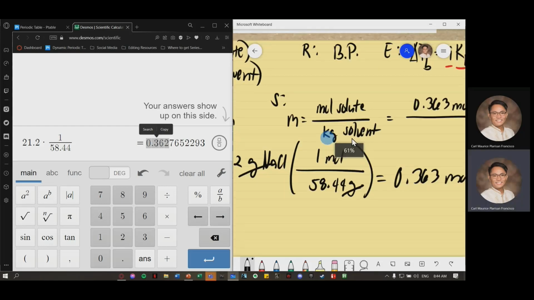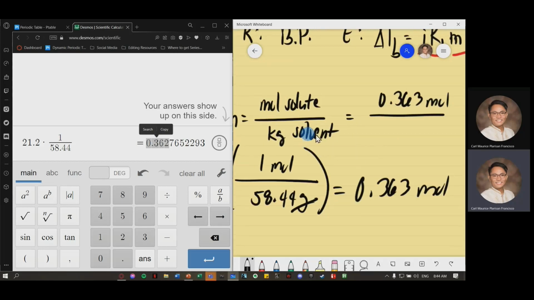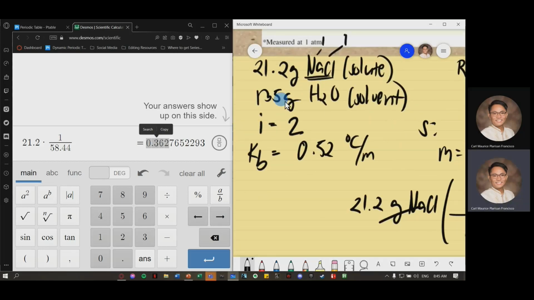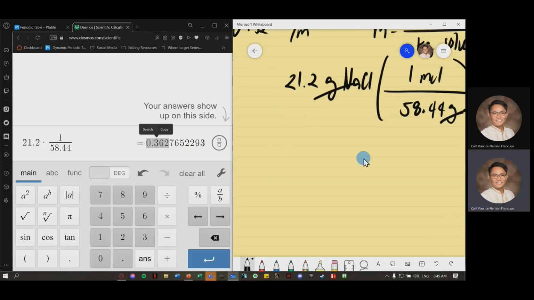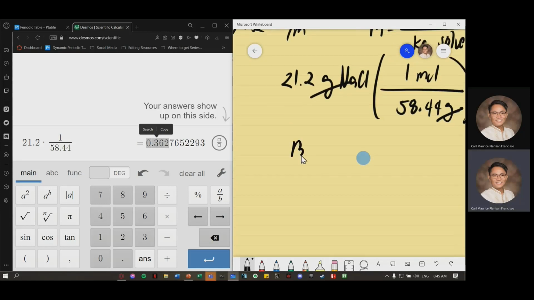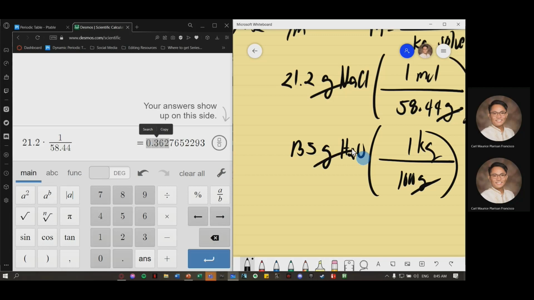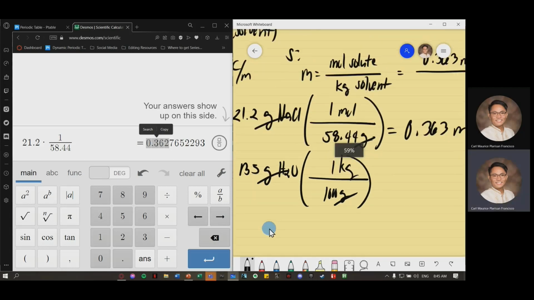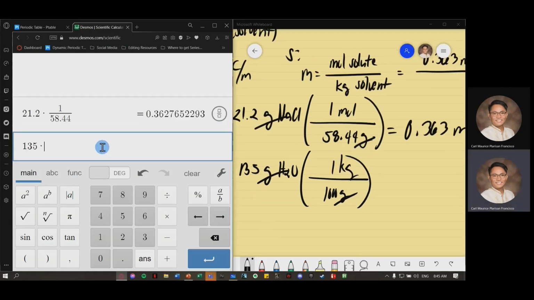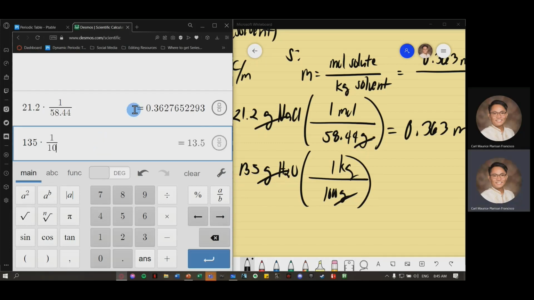And then for the denominator for molality, we need kilogram of solvent. Ang binigay ay gram of water. So I need to derive 135 grams of water multiplied by 1 kilogram all over 1,000 grams. Okay, so grams will be cancelled. This will be 135 times 1 over 1,000.